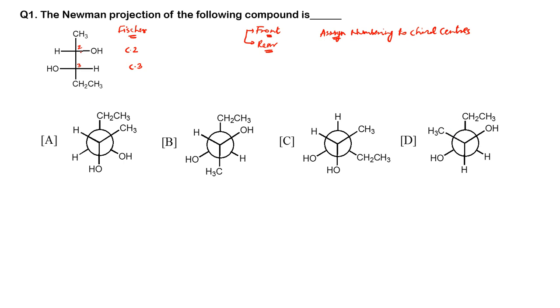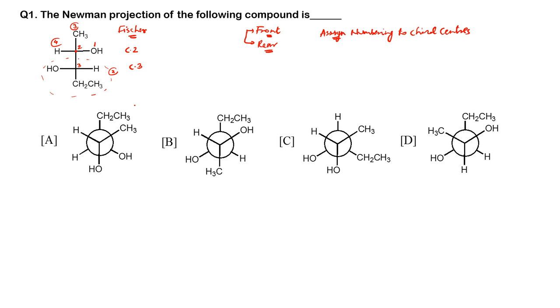So first of all, for this C2 center, as we know, the OH will have first priority. Here we are making a distinction between a CH3 and this group. The C2 carbon is attached to CH3, as this carbon is attached with three hydrogens, while on the other hand, the C3 carbon is attached with oxygen and carbon. So of course, this group will get the second priority and CH3 will be the third.